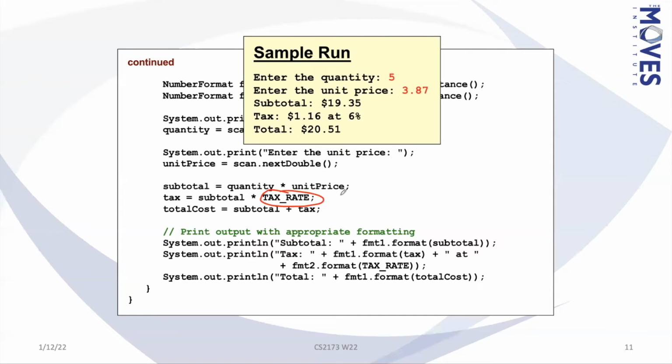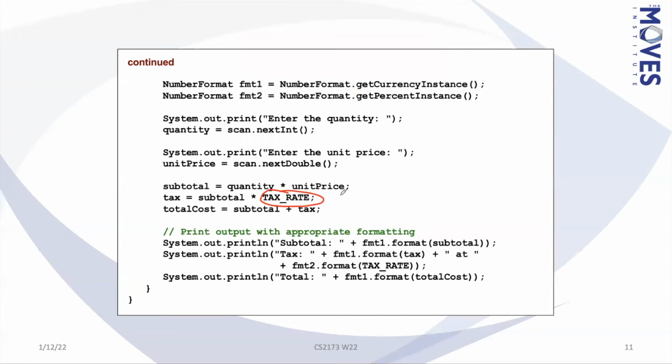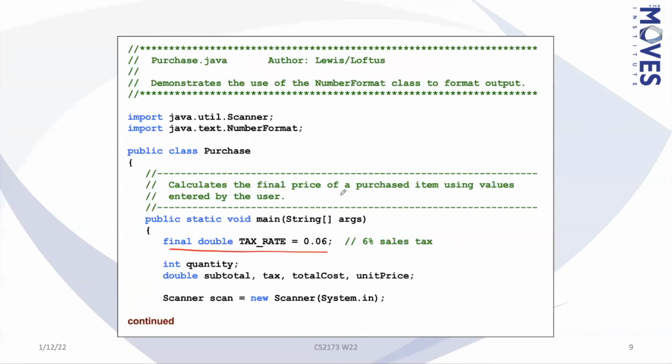So why is that useful? Well, supposing they decide to change the tax rate at some point, and instead of using this variable, you've put this number everywhere in the code. If that number changes, then you have to go searching through the code for 0.06 and find it everywhere and make sure you change it.